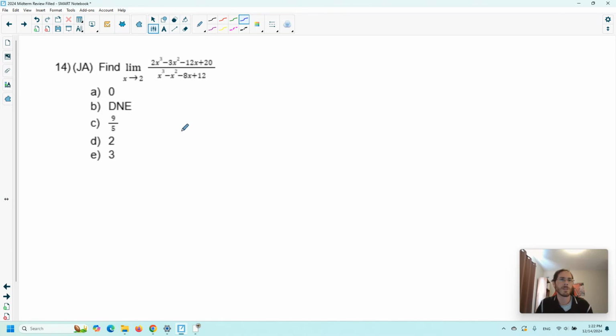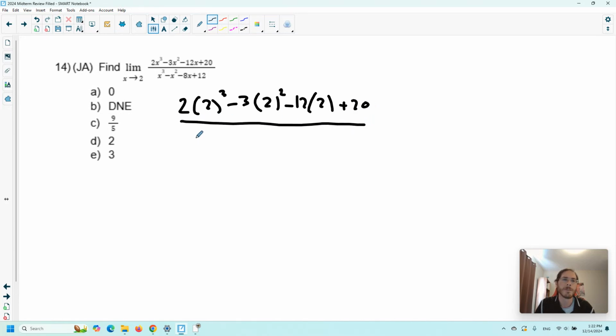Next up, we've got to find the limit as x approaches 2. Seems pretty easy. We just plug 2 in. So let's plug 2 in and see what we get. So 2 to the third minus 3 times 2 squared minus 12 times 2 plus 20 all over 2 to the third minus 2 squared minus 8 times 2 plus 12.